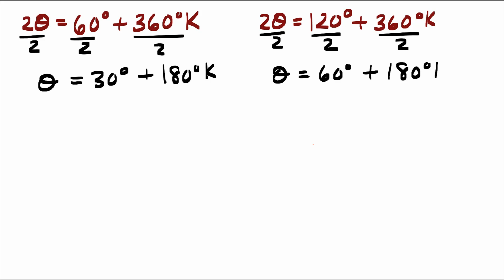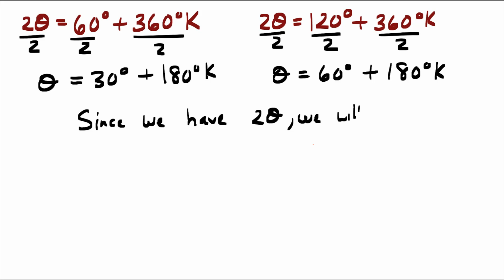So now the question is, what k's do I use? Originally, remember the problem is 2 theta. So I'm going to use k is equal to 0 and k is equal to 1, or we say I'm going to use 2 iterations of k. Since we have 2 theta, we will use k is equal to 0 and also k is equal to 1.